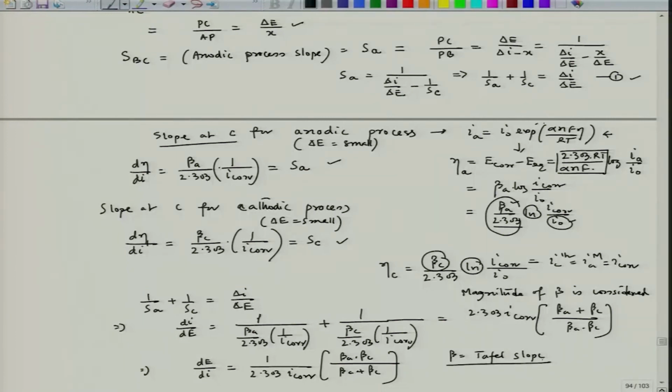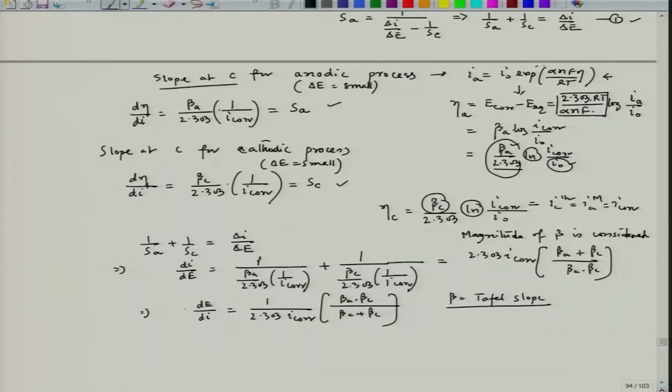Fine. So now this equation is a very vital equation, and this ΔE/ΔI, when ΔE is small, is considered the polarization resistance, or Rp. Interestingly, if we know βA and βC, then we can find the corrosion current density.